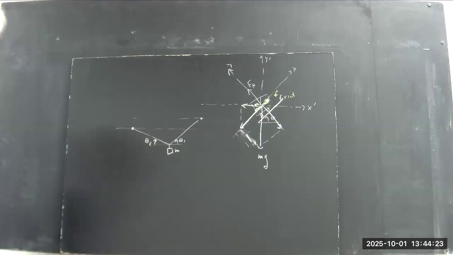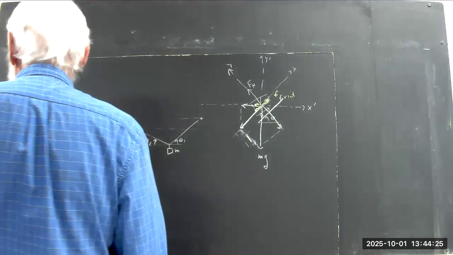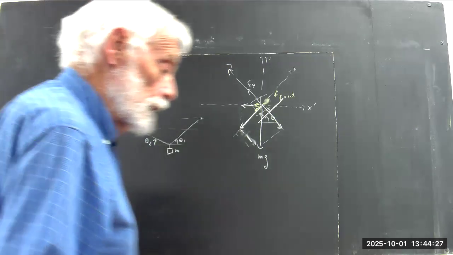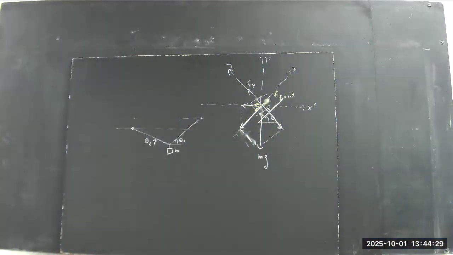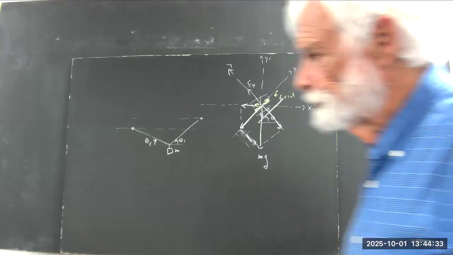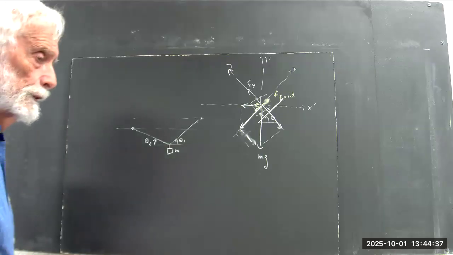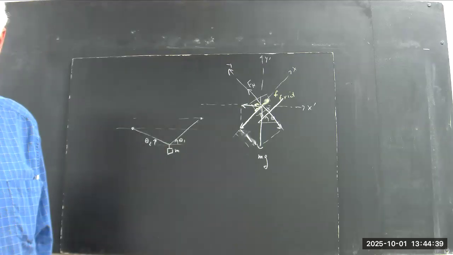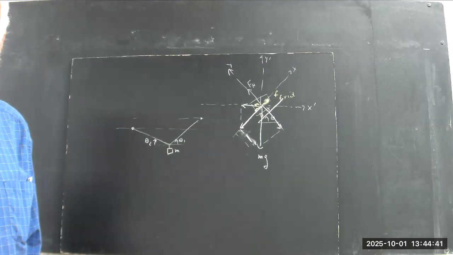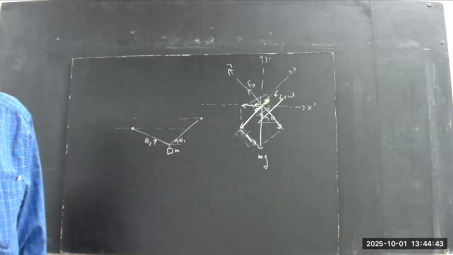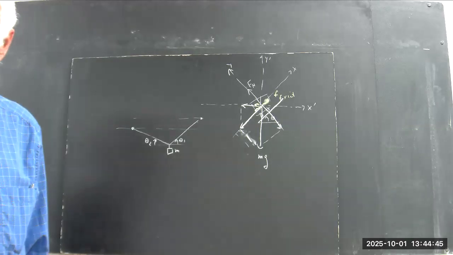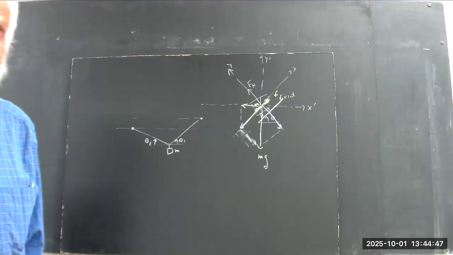Another important situation that we're going to look at in lab on Friday is an Atwood machine. I kind of know where my pulleys are, but I've got to do a little digging to bring them out of storage.